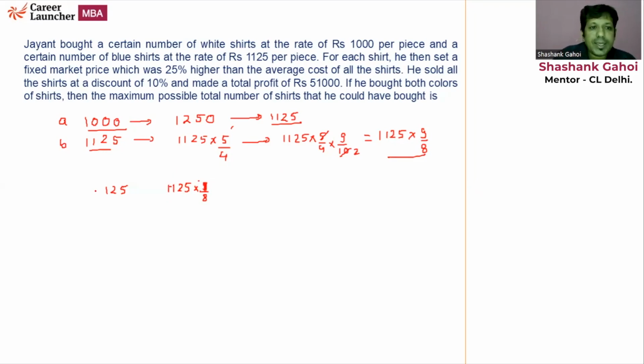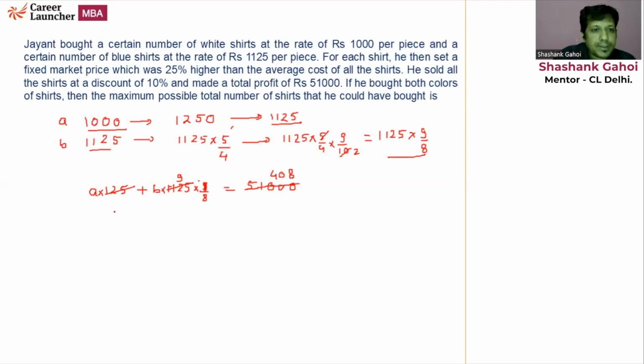Okay. He has A of these shirts and he has B of these shirts. And this total profit is equal to 51,000. So I can cancel out everything by 125. This comes out to be 9. This comes out to be 51 into 8, that is 408.